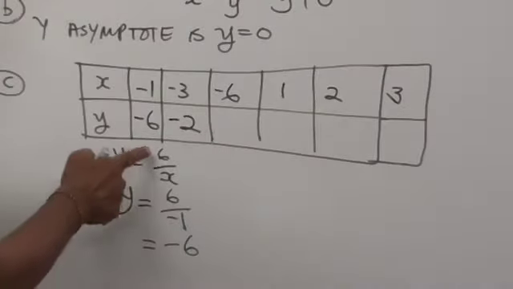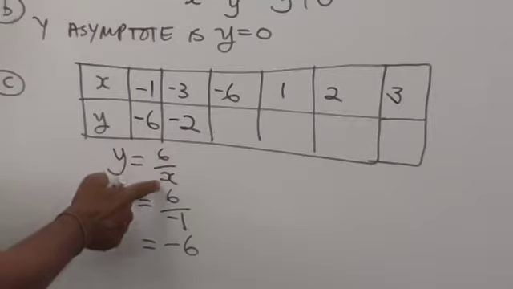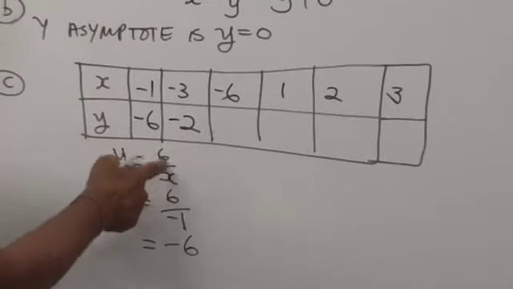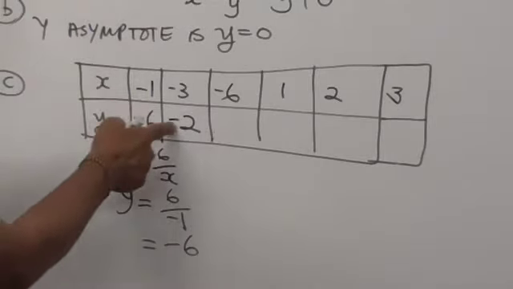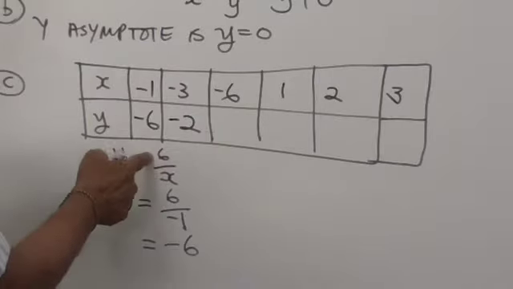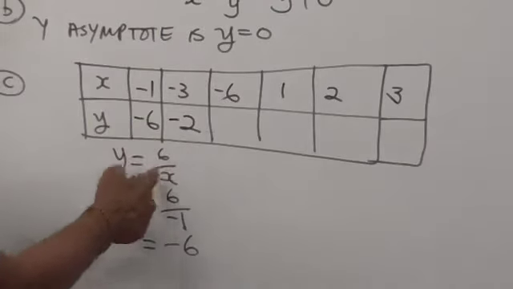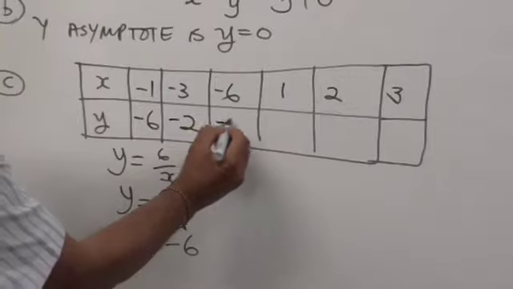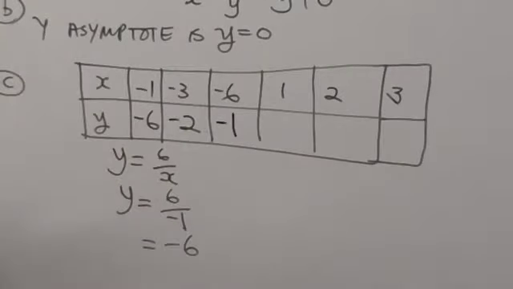Oh, sorry. 6 divided by -1, correct, will give you -6. 6 divided by -3 will give you -2, correct. 6 divided by -6 will give you -1. So you do your working like that step by step.